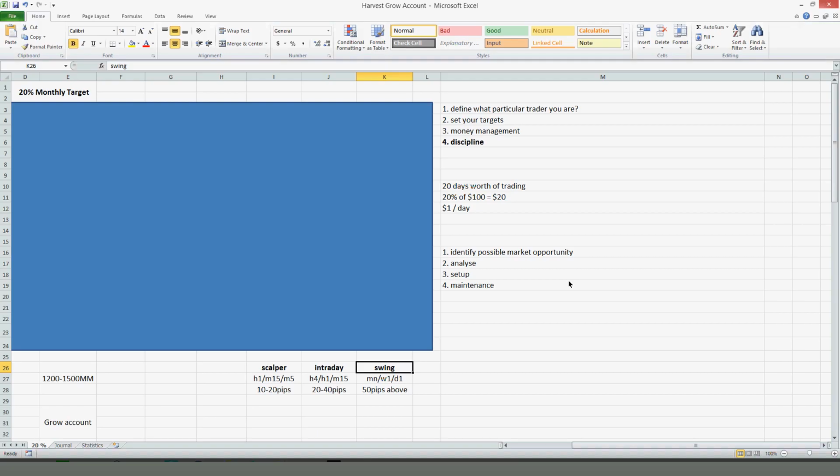But if you don't have much time to look at the market throughout the entire week, maybe only 2 or 3 days a week, then I suggest you go for a swing type of trader, because with swing trades the retracements are big, and you need much better margin maintenance.